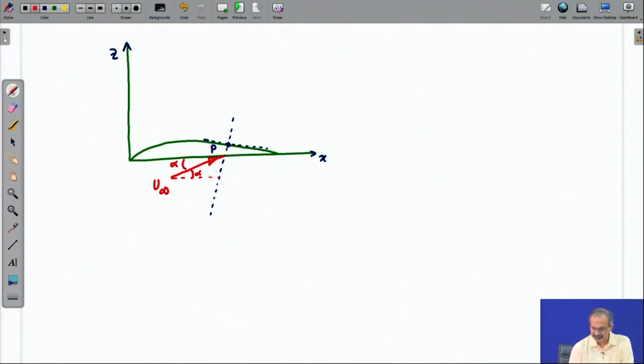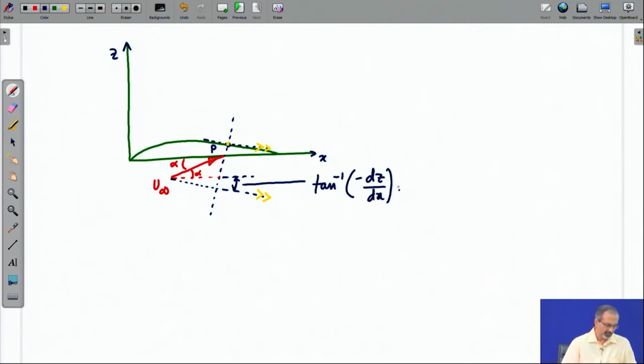So, this is alpha, and you can draw another line here which is tangential to the tangent that is drawn at the point P. You can see that this angle turns out to be tan inverse minus dz dx. Of course, dz dx happens to be the slope of the camber line.